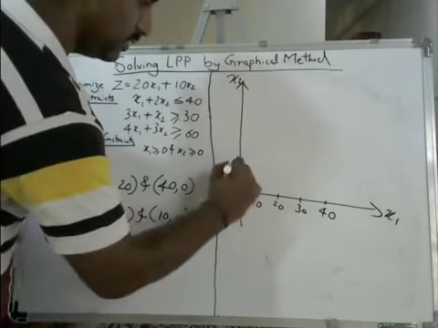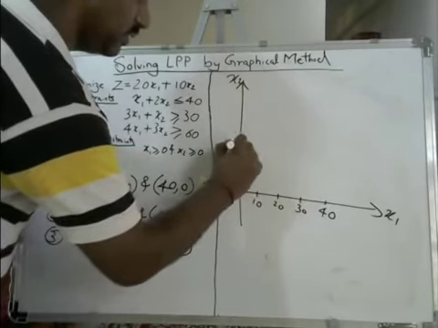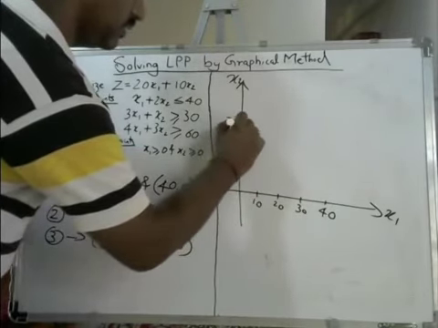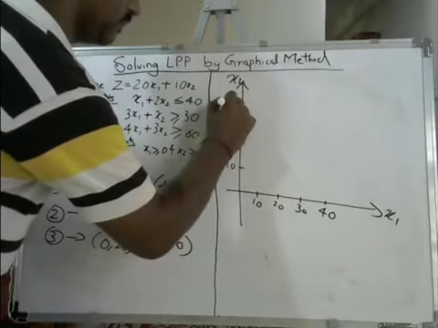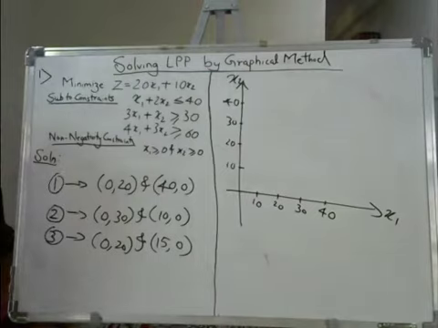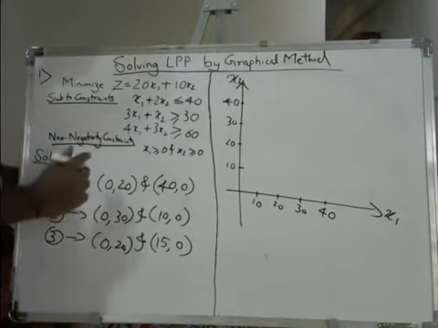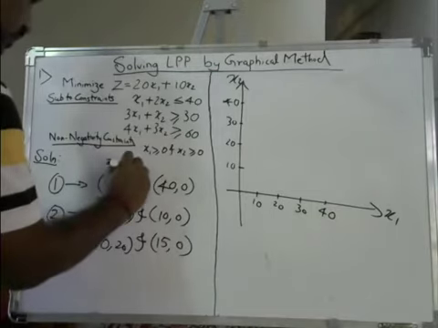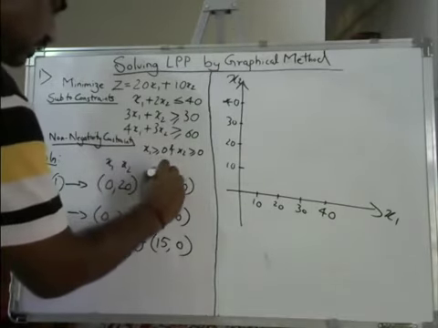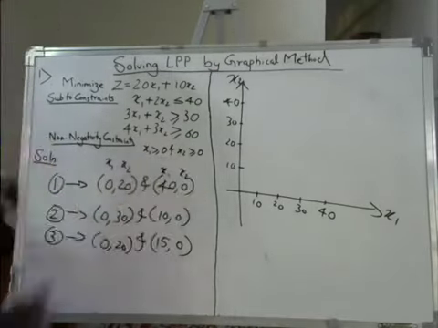Similarly, 10, 20, 30 and 40 here. Okay? Now this is x1, x2, here also it is x1, x2.